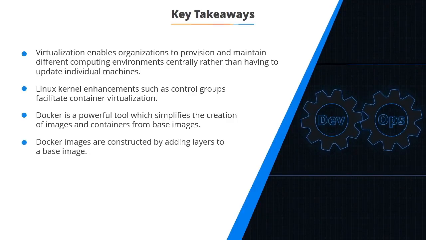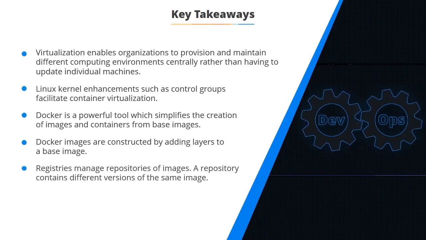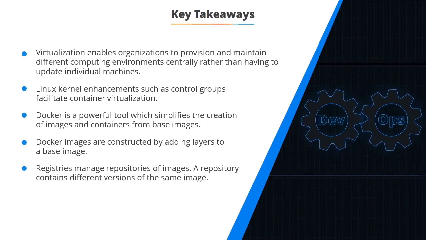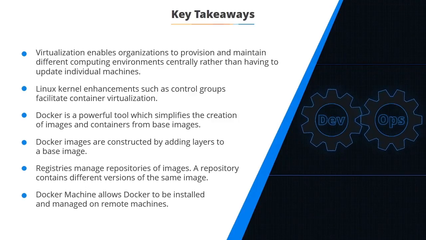When they're running as containers, you can update the image and recreate the containers on the fly. The images are layered from a base image. Every time you add something, you add another layer to the image, which is good. Build them up and maybe have several different images on the way. The registries manage the images, and remember, a repository is the different versions of the same image within the registry.